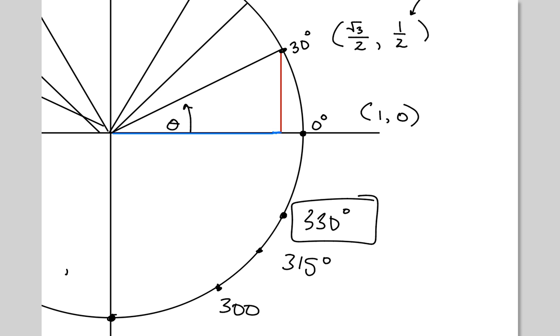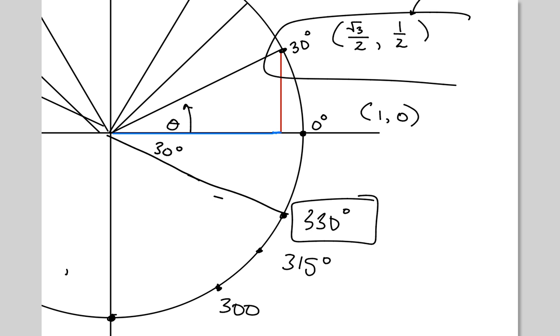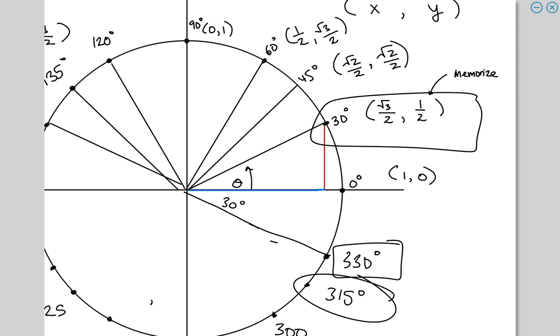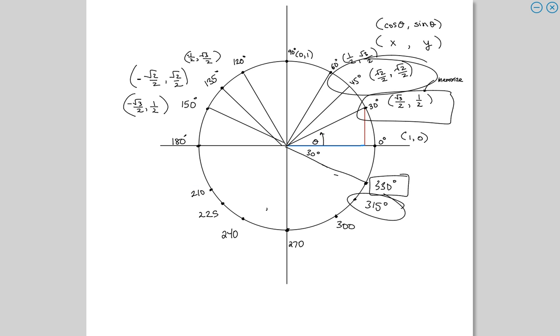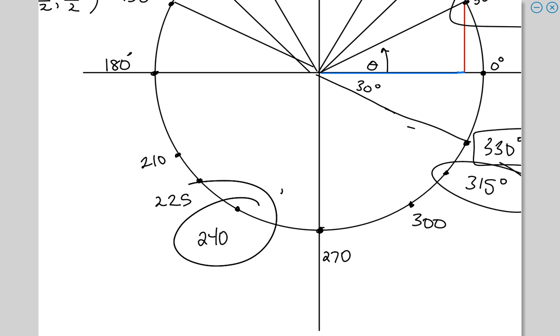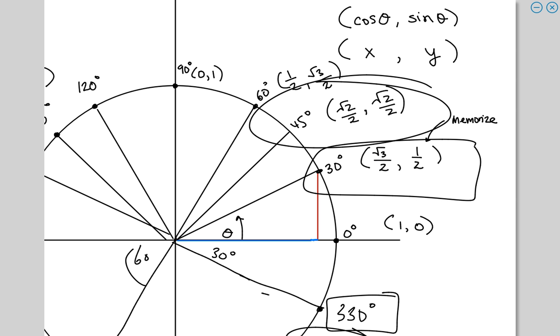Well, what's the reference angle for 330? It's 30. So I'll just use these. If they're talking about 315, which reference do I use? Just use the 45. If they're talking about 240, what's the reference for 240? 60, so I'll have to use these ones. So if you can just develop the first quadrant, you're going to be good.